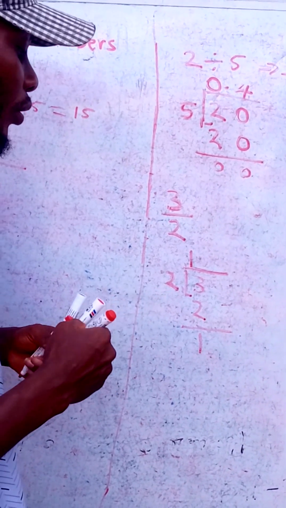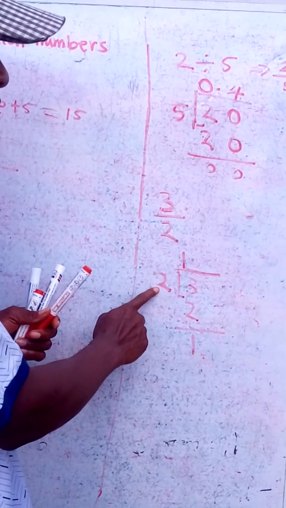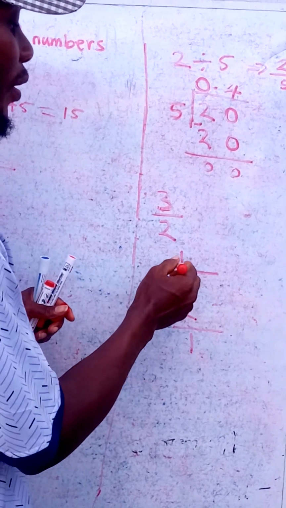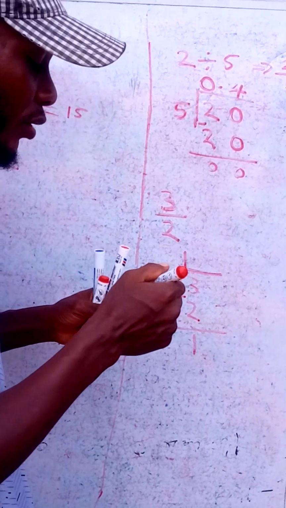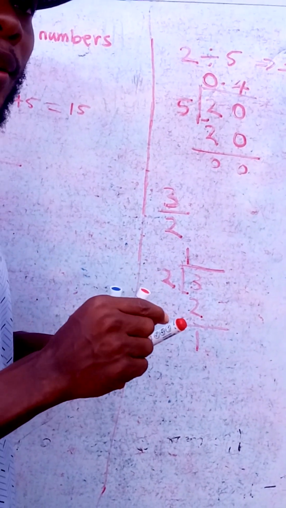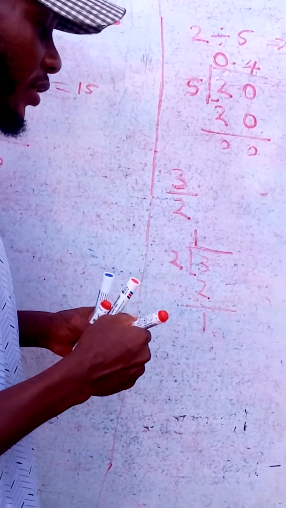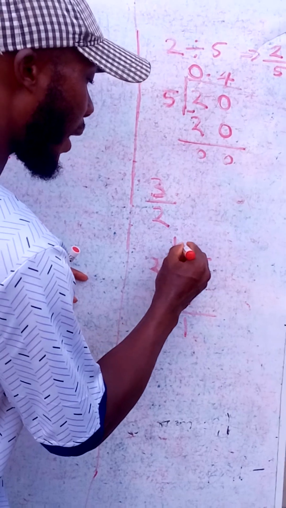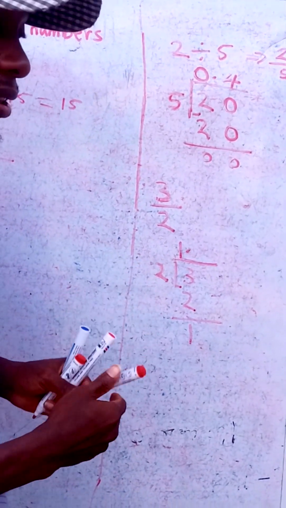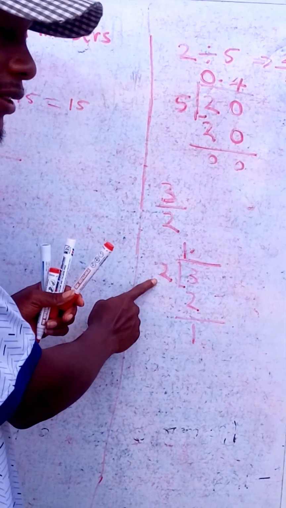Since 1 cannot divide 2, and we have already written 1, there's no way we are going to write 0 again. So the next thing we are going to do is put a decimal point, showing that this 1 cannot divide this.